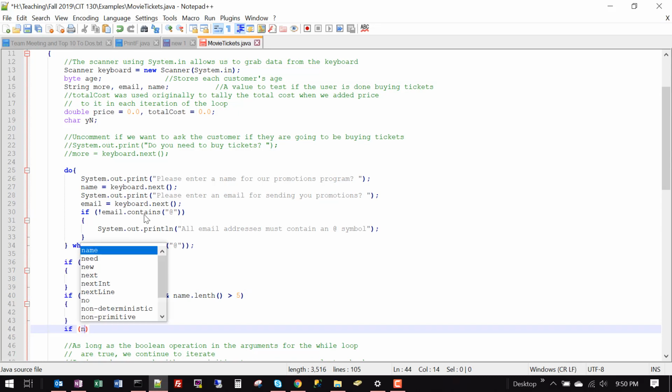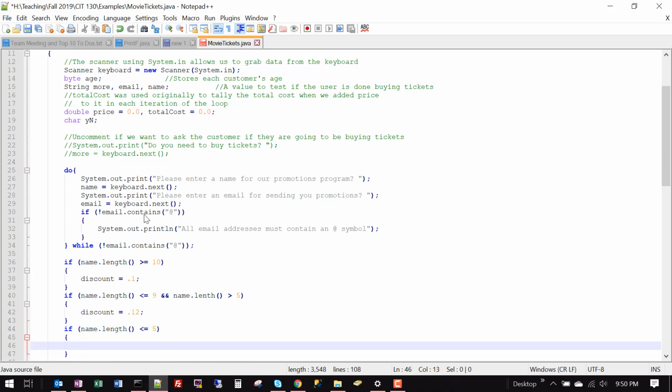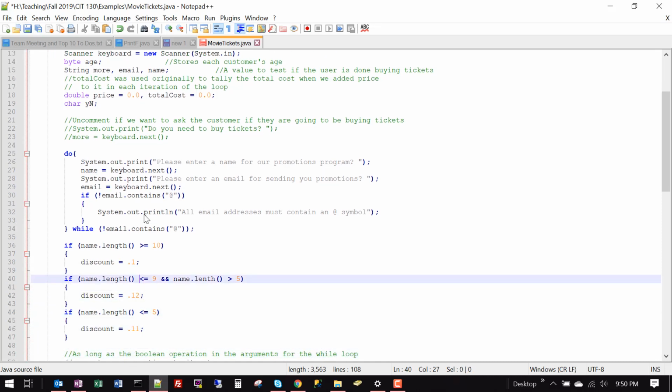If name.length is less than or equal to 5, we'll do discount equals 11%. Just like I said, everything's kind of a wacky promotion scheme at this movie theater. It's become their element of fun.